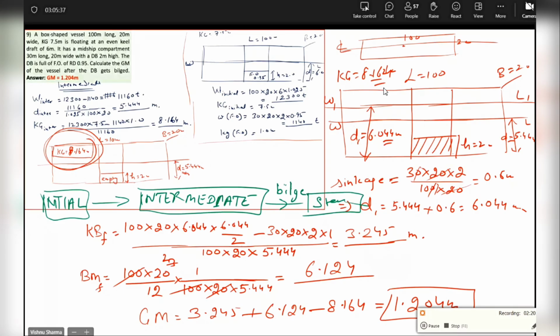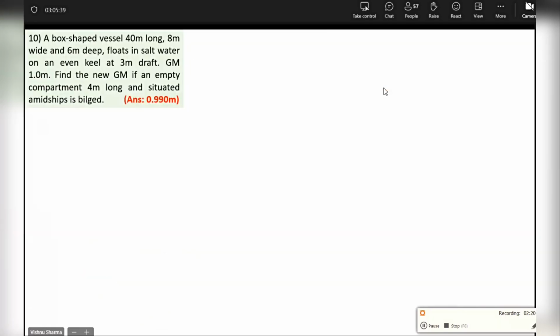And then there is one last question from MMD. I think so, yes, it was from one of the MMD papers. What is the difference in this question? I have intentionally included it here because it is from MMD, so you should not get confused. How does this question differ from others? What is the problem with this question?